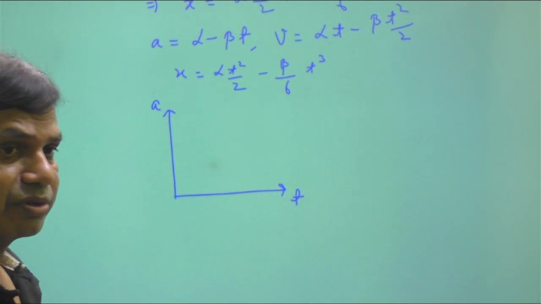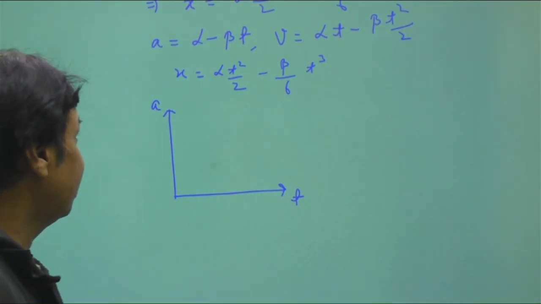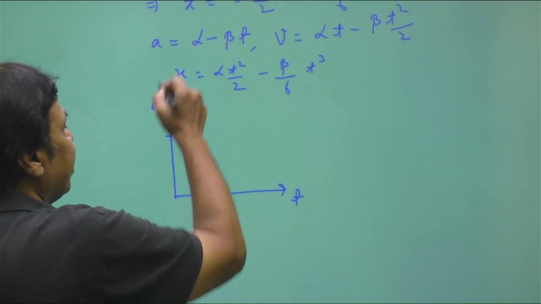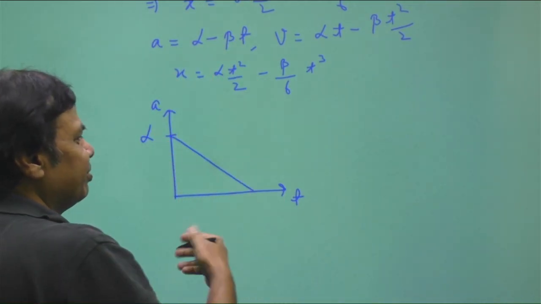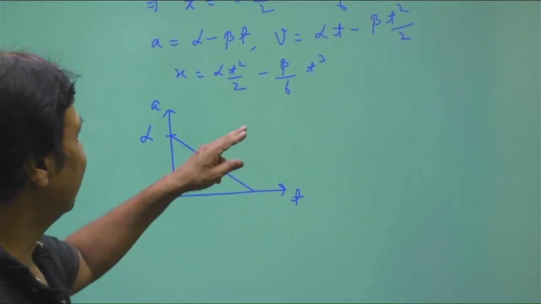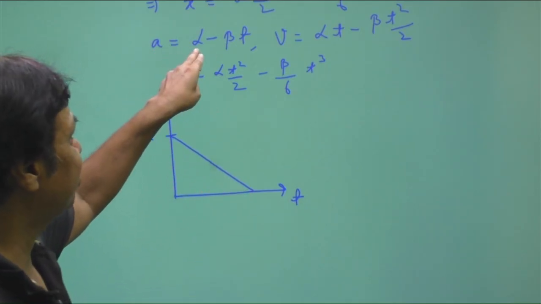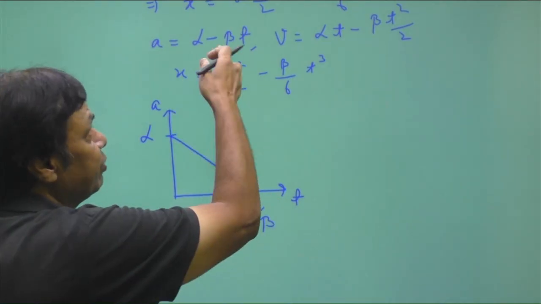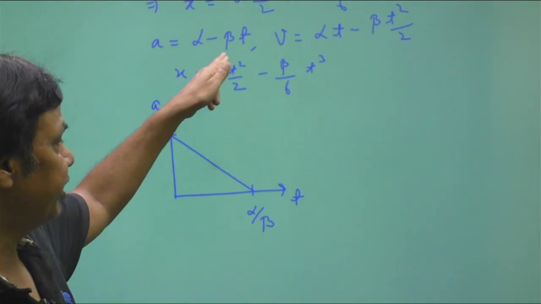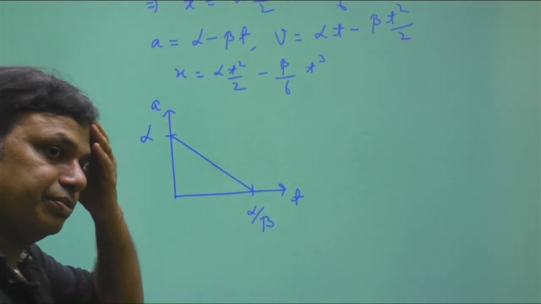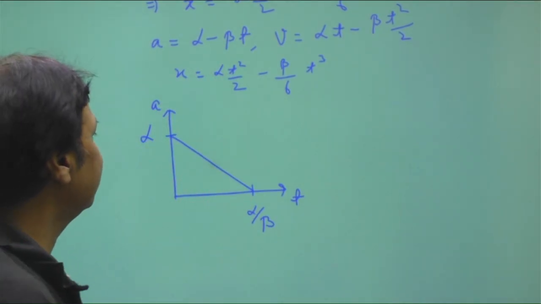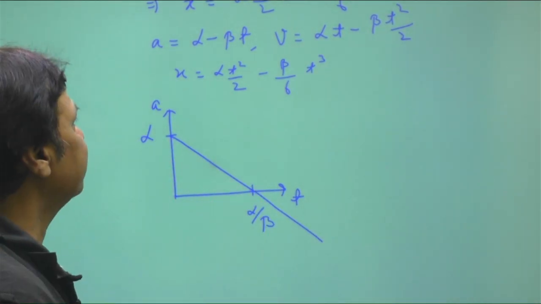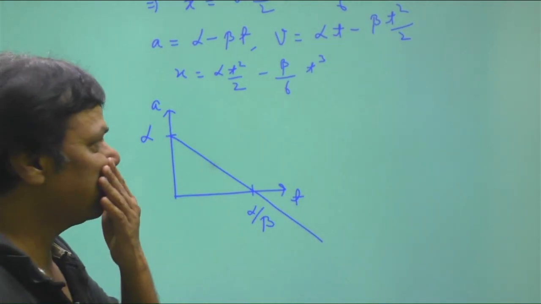So it's the equation of a straight line, and its slope is negative, and at t equals 0 the value of a was alpha, and it will be like this. And you know, when a is equal to 0, you will get t equals alpha by beta. So it will be like this. If you want to draw it further, you can draw like this, but it should be a straight line.